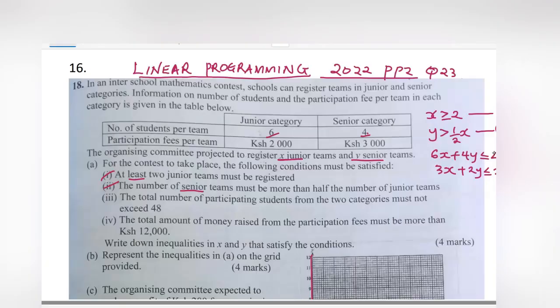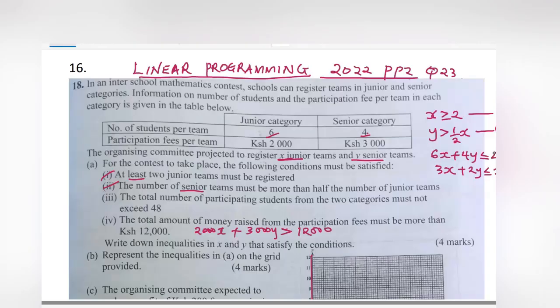That means X teams, each team incurring a cost of 2,000, so the total for the junior category will be 2,000 times X, plus from the senior category 3,000 times the number of teams selected from senior, and this must be greater than 12,000.